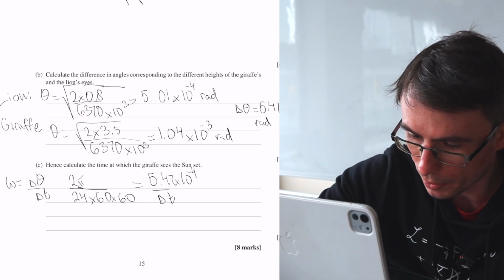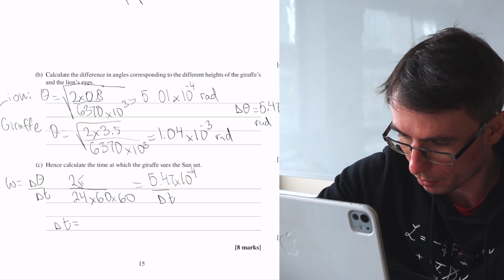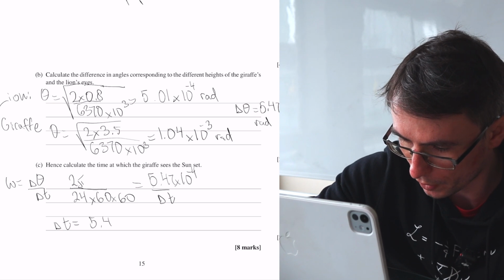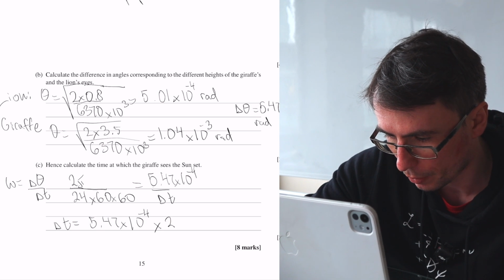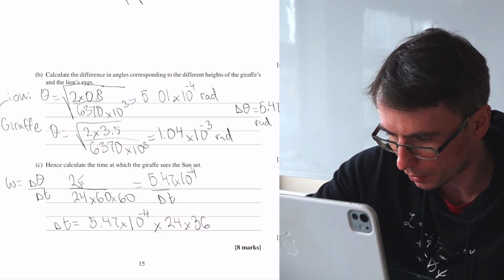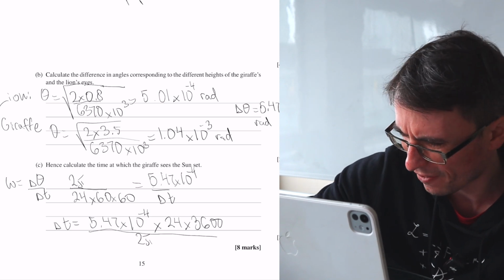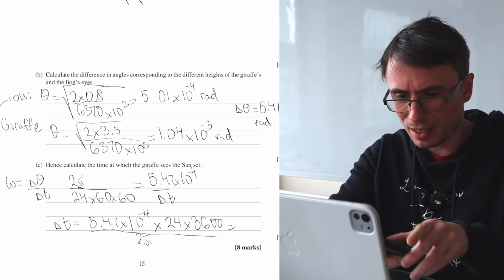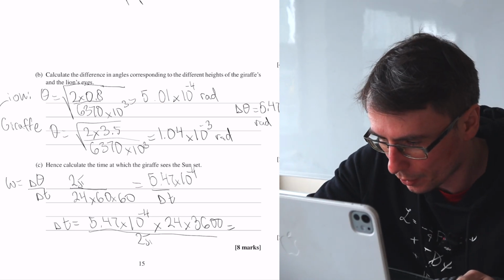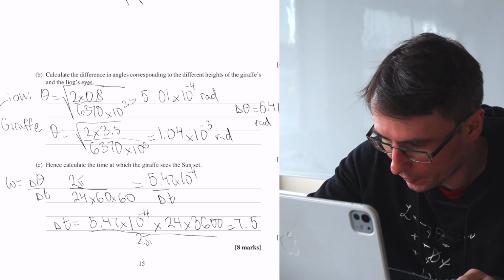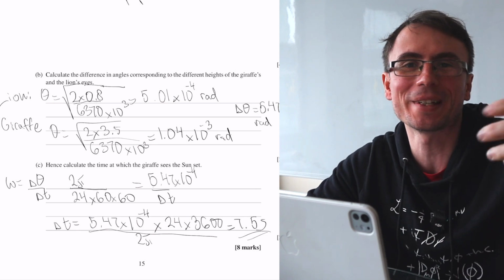So we can directly rearrange for delta t, which is equal to 5.47 times 10 to the power of minus 4 multiplied by 24 times 60 times 60, that's 3,600, divided by 2 pi. I think that's right. Let's see what we get in seconds. Giving us around 7.5 seconds of extra sunset time for the giraffe to enjoy the sunset.